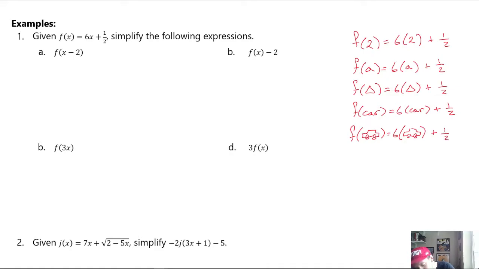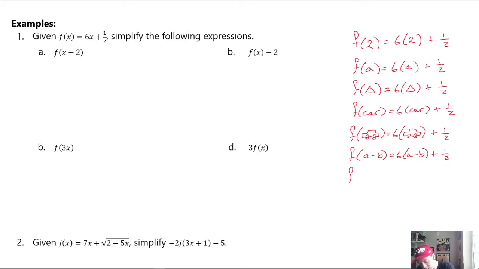And then plus 1/2. If I have something like f of a minus b, I plug in a minus b where I saw the x: 6 times, parentheses, a minus b, close parentheses, plus 1/2. This gets us to the whole idea.